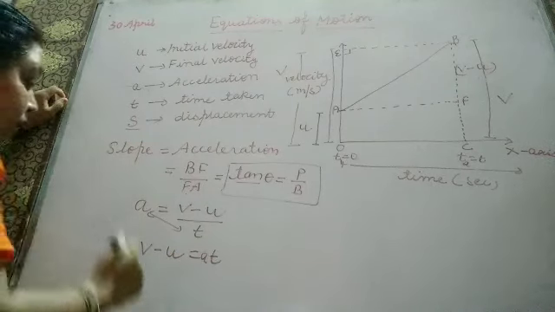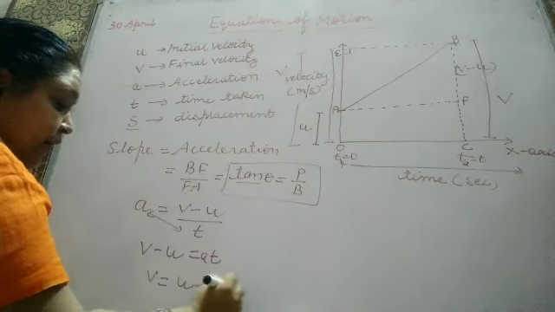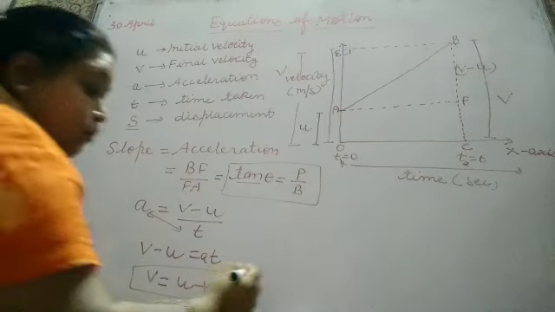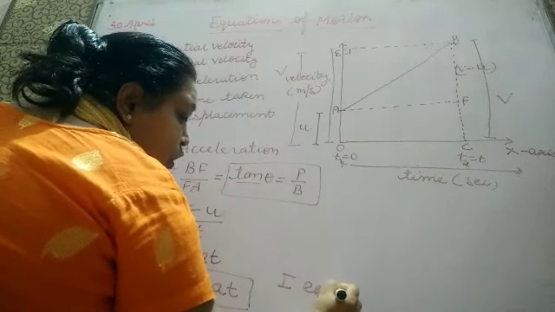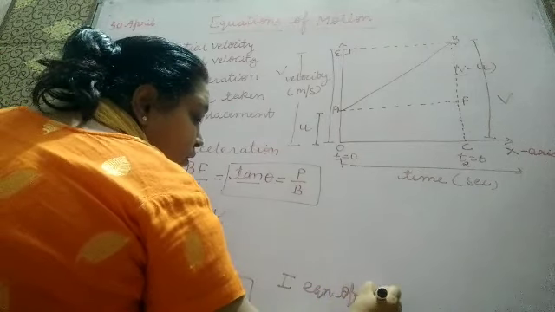And we can write V is equal to U plus AT. And we will write like this here. And this is called the first equation of motion.